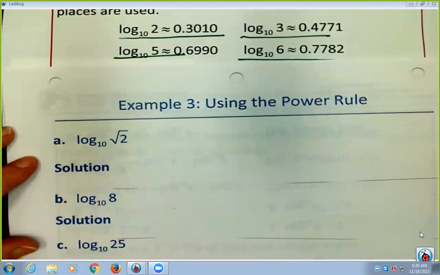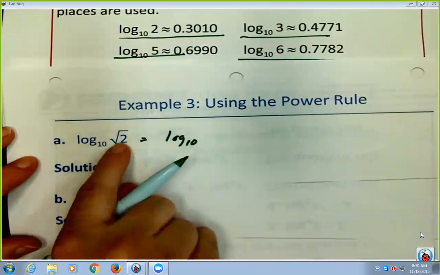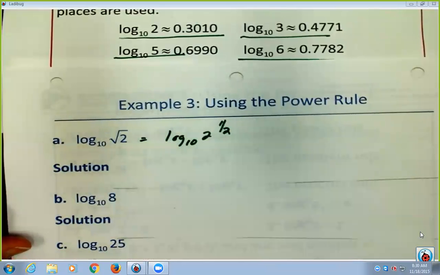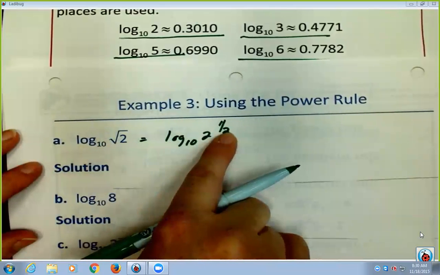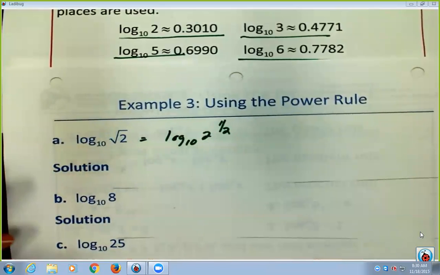Good old chapter 9 coming back in here. Means I have log 10 2 to the 1/2 power. Okay, so the square root means I have a half. If it was a cube root, I'd have a 1/3. If it were a 4th root, I'd have a 1/4. So all that stuff from chapter 9 is still infiltrating into this stuff.